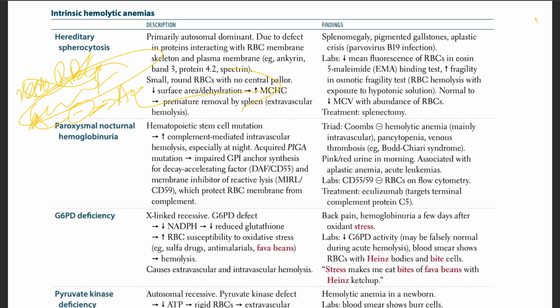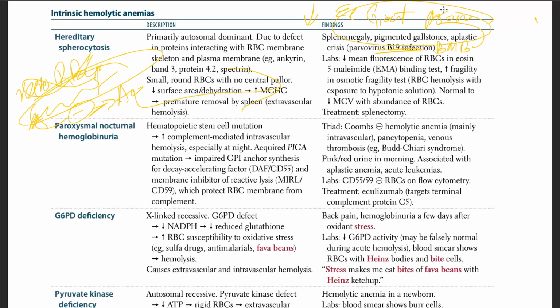And if you were to look at the bone marrow biopsy in parvovirus B19 infection, you will see a decrease in erythroid precursor cells, because it inhibits erythropoiesis, and giant pronormoblasts will be seen with glassy intranuclear viral inclusions.